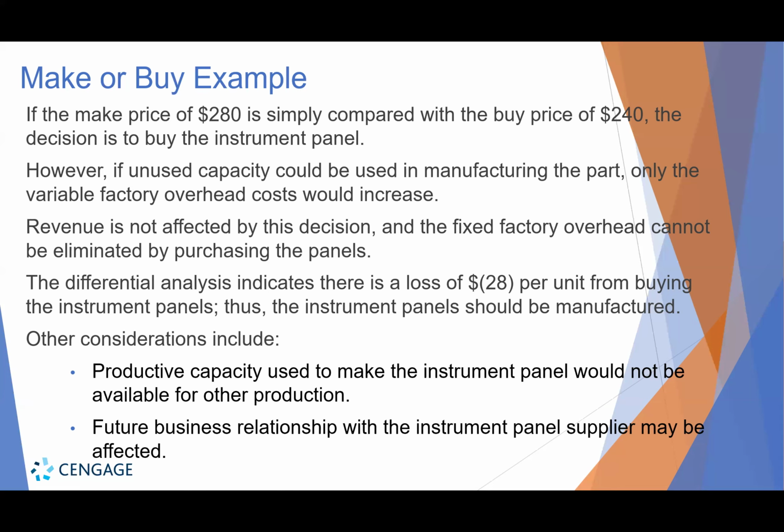So when we take that fixed overhead into account, the instrument panels should be manufactured in-house. Again, you have to look at the fact that if you do choose to make the panels, then there's nothing else available for any other types of production.